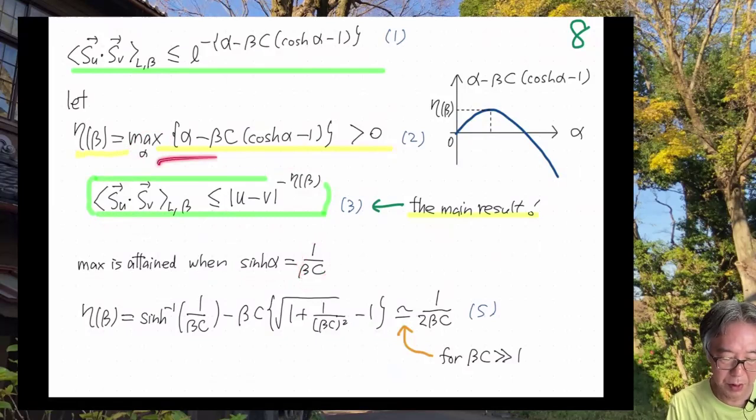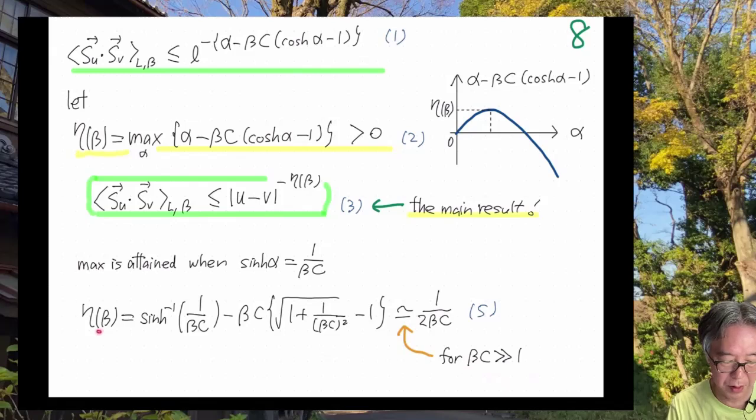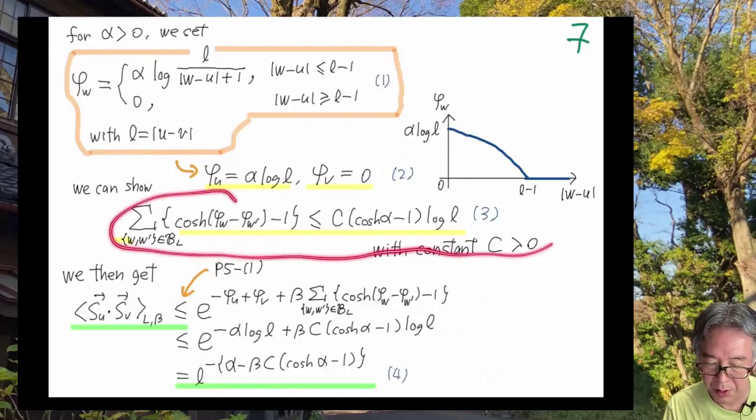If you plug this in here, you can write down eta(beta) explicitly like this. Of course, this doesn't mean much, but for the region of very low temperature, you find that this behaves like this. So this is the end of the proof.